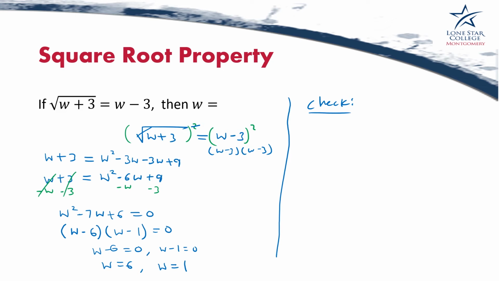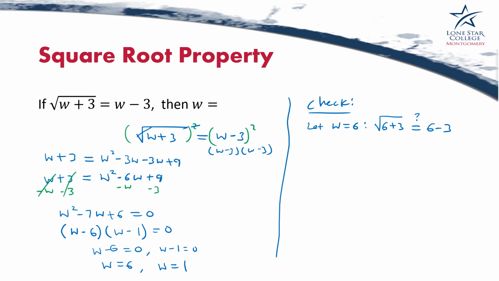So we need to check our two answers, 6 and 1, by plugging them into our original equation. Will it make sense? So we check this. Let w equal 6. So we would have the square root of 6 plus 3, because we plug it in wherever we have a w, and we're checking, is that equal to 6 minus 3?